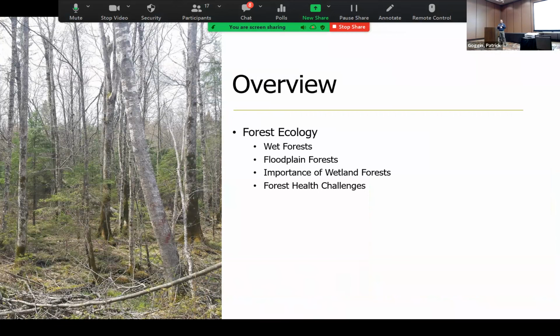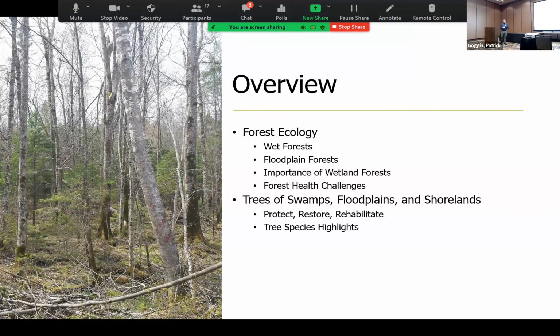Some of them are really obvious and you'll know them, but some of them maybe you've thought less about. And then it's going to go off the tracks a little bit, because we're going to talk about really cool wetland tree species. We can't talk about all of them, but my colleague Brad Hutnick and I picked some favorites, and I'll show you why.